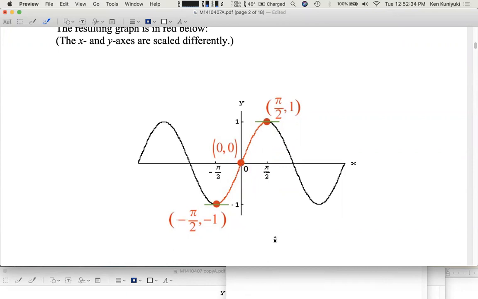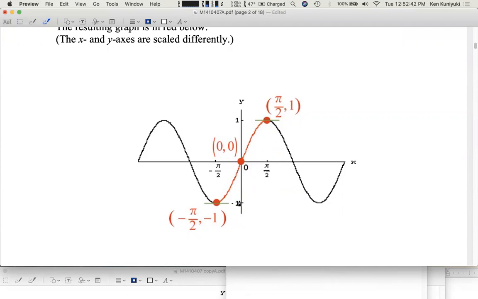So then, how do we go from this restricted sine function to an inverse sine function? We can invert this because it now passes not just the VLT, but the HLT. So remember a key basic principle. Actually, there are 3 basic principles. The domain of one function becomes the what of its inverse function.